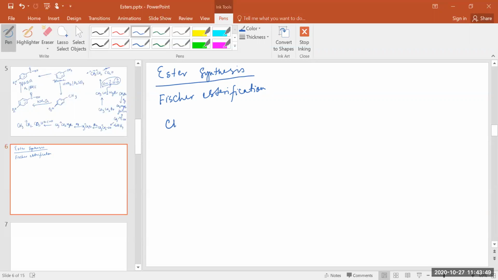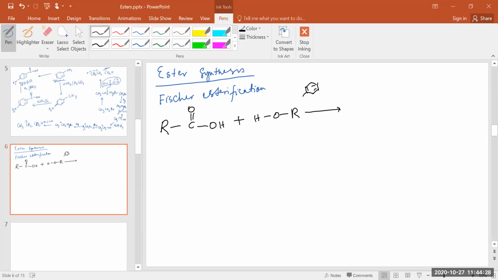If you take an acid, I will give you that general structure, and you take an alcohol, in anhydrous condition with an acid catalyst. Many times, very little PTSA, paratoluene sulfonic acid.